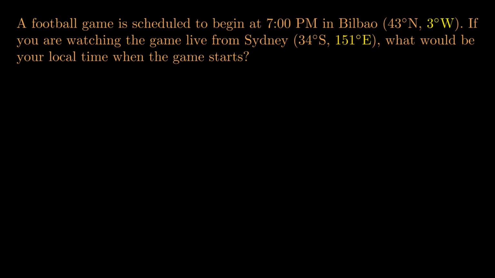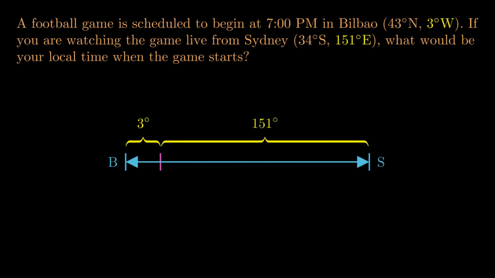Now, how I like to do these is by just sketching a rough timeline like this. Now, of course, it's meant to be round, but I'm pretending this is like a piece of paper, and this is something you can actually draw when doing your own work, okay? So we treat west as left and east as right, as normal. Now, the game happens at 3 degrees west. We live 151 degrees east, so that means the difference in longitude is a total of 154 degrees.